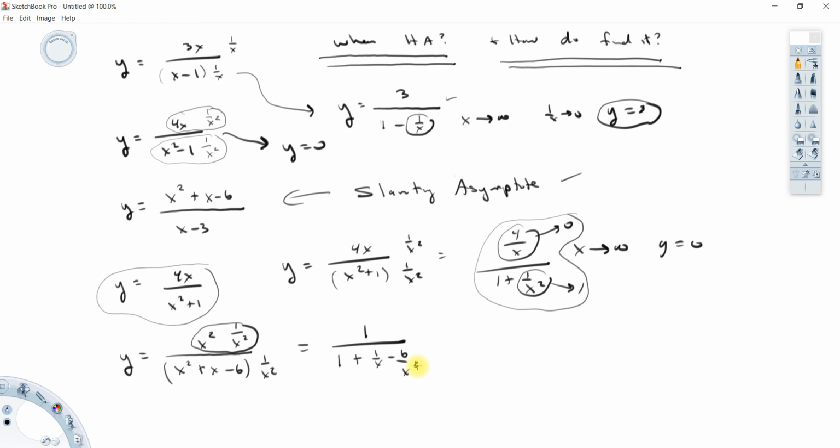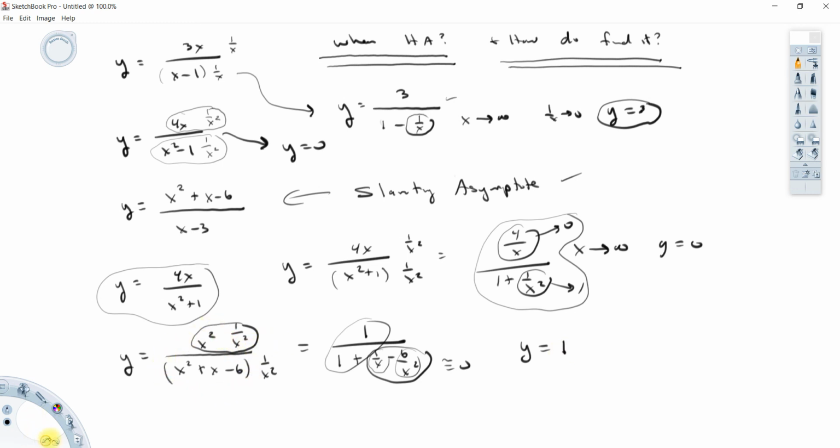And for large values of x, this is becoming a 0, and so is this, so both of these are becoming 0. We're just going to put approximately 0, and we're left with just 1. So y equals 1 is our horizontal asymptote for this rational function.